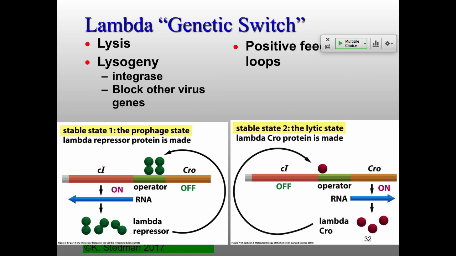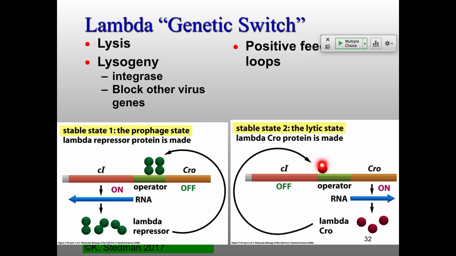On the other hand, if there's a bunch of good, happy cells around, then you want to make a bunch of virus, and then you make this other protein called Cro, the control of regulator and other proteins. We actually looked at this when we looked at dimerization earlier on. This binds to exactly the same place as where the lambda repressor binds and actually blocks lambda repressor binding.